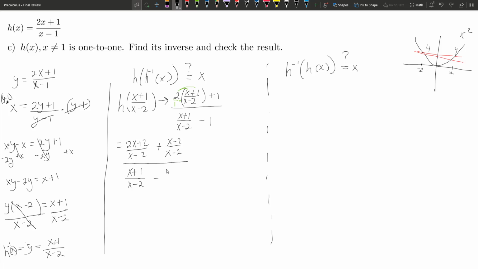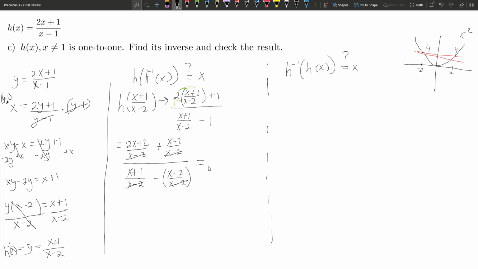Minus, now because I'm going to change this one into a fraction, into multiple terms, put it in parentheses, x minus 2 over x minus 2. Okay, so because everything has the same denominator, we could literally just pretend it's not there, right?